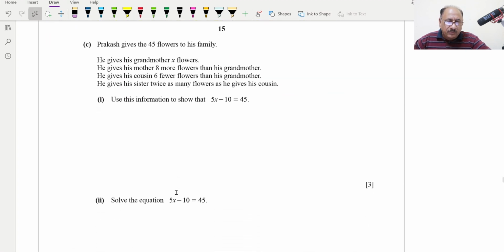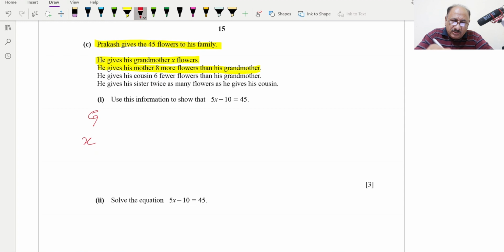Next is C part. Prakash gives the flowers to his family. He's distributing among the family members, and this is how he distributed. He gives his grandmother X flowers. So we will use G for grandmother, and he has given X flowers to grandmother, and he gives his mother 8 more flowers than grandmother.